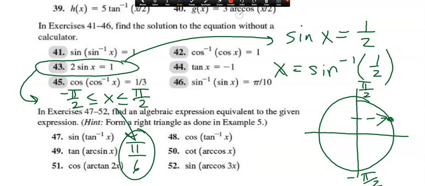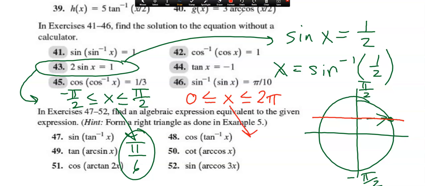Suppose, however, that the question went further. What if it said from 0 to 2 pi? In that case, I just opened the door further.